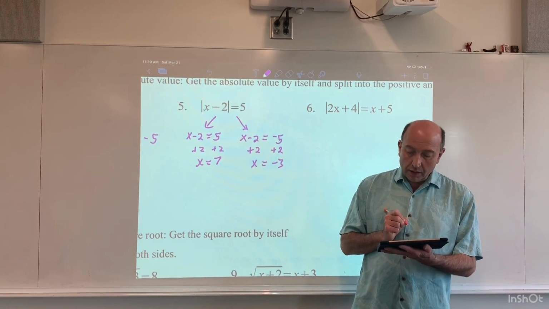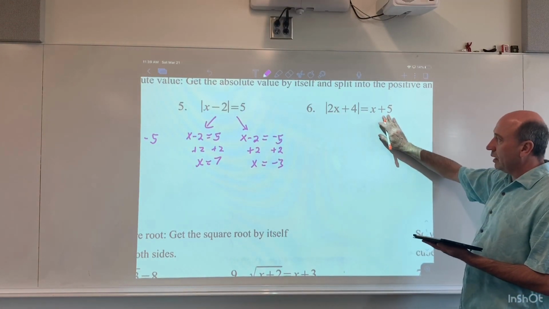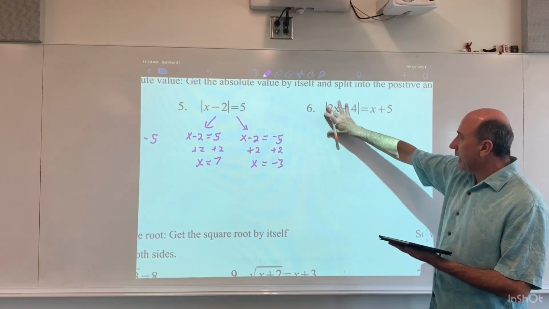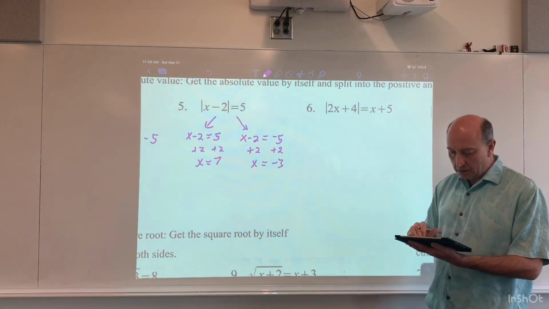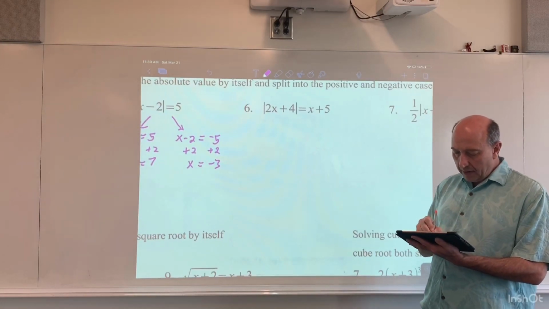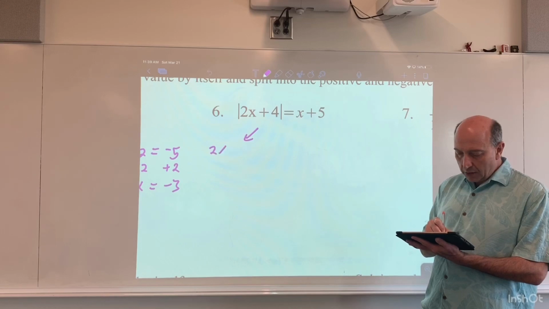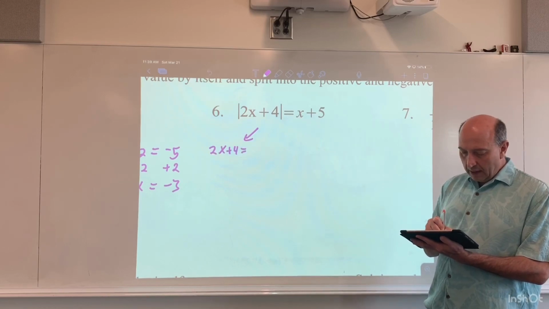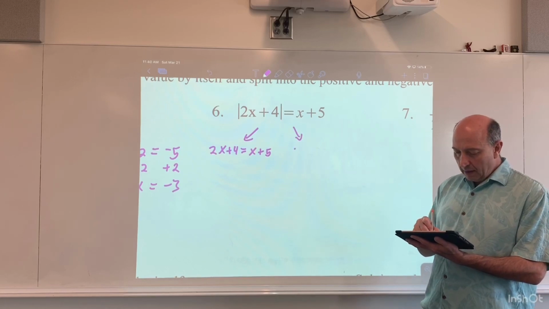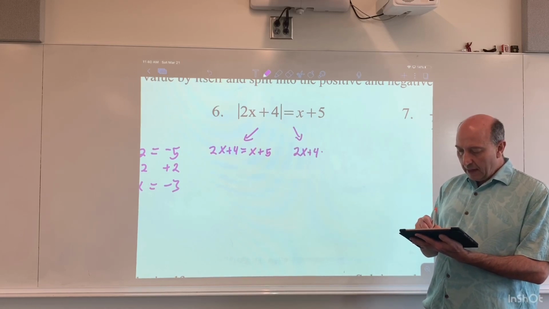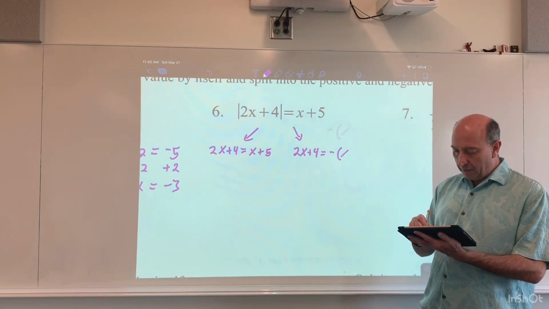Okay, we can use the same strategy on this problem. It's just harder. So the absolute value is by itself, so we are ready to split it into its positive and negative cases. So the positive and negative cases, we would be happy if 2x plus 4 equaled x plus 5, and we'd be happy if 2x plus 4 equaled the negative of x plus 5.